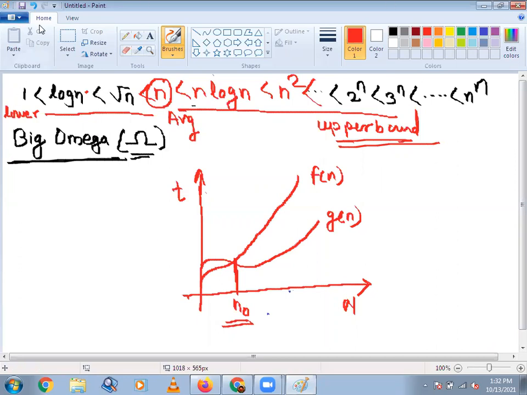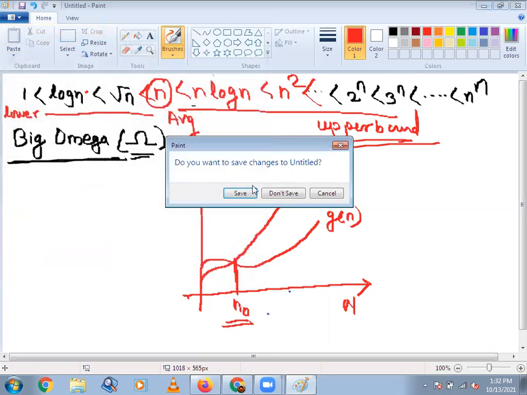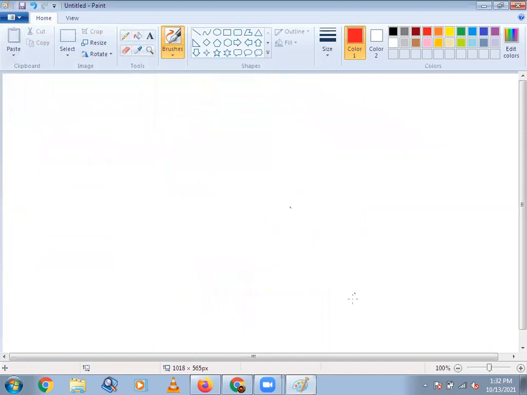Then we'll move towards the next term, that is big theta.